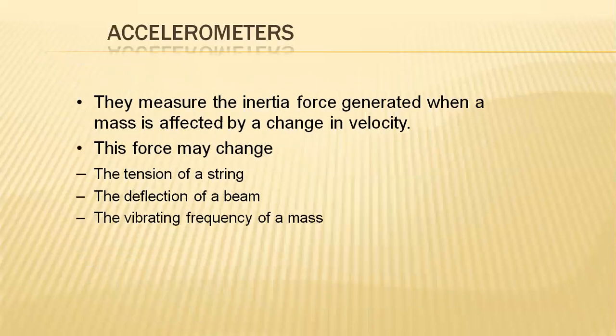It is used to measure the inertia force that is generated when the mass is affected by the change in velocity. If the accelerator in an automobile is increased, the speed of the vehicle, that is, the velocity, will increase.